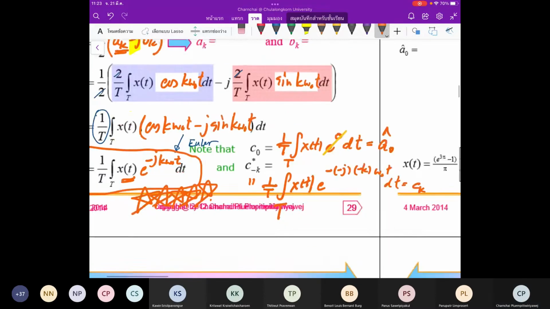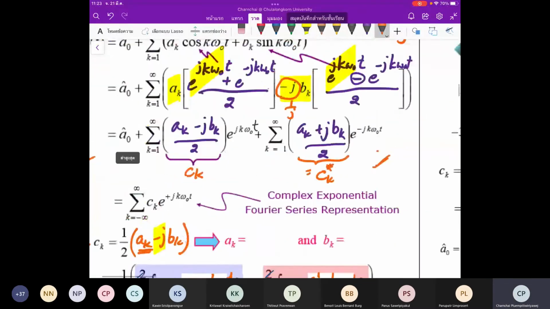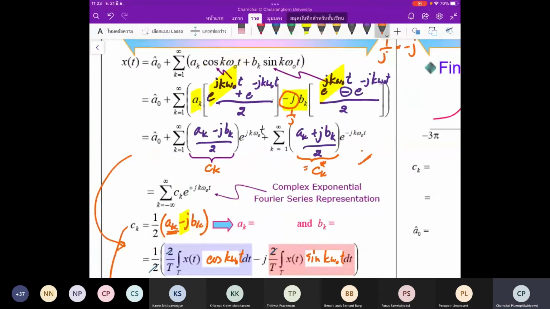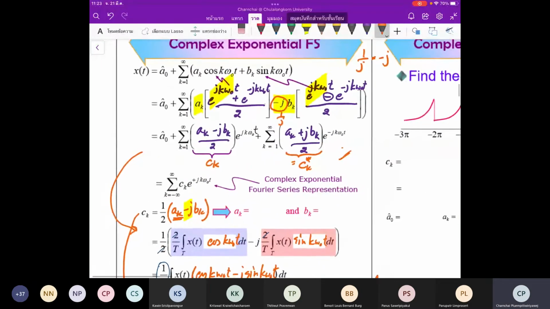Yes? Now we come back to this one, and we change the k to negative k. This k becomes negative k, but c of negative k conjugate is ck. And k goes from negative infinity to negative 1.